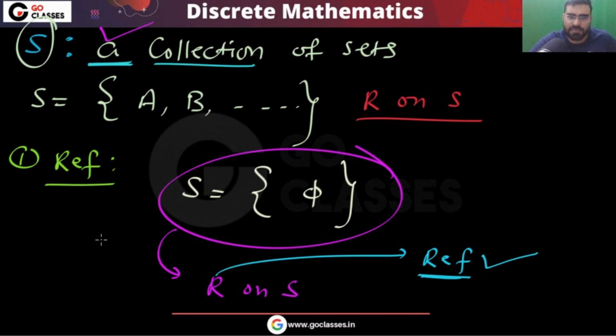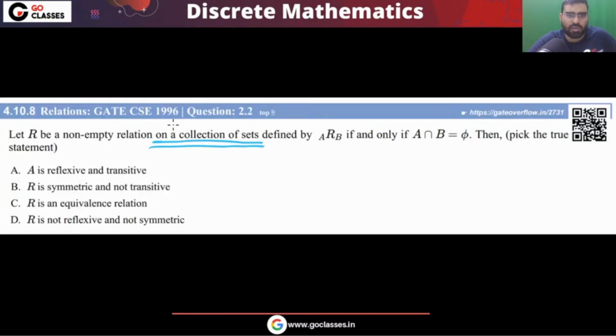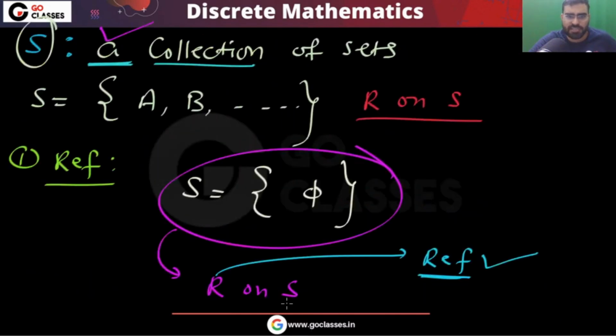Is this clear? Are you getting my point? Please read the question. You are defining this relation on a collection of sets, on a collection of set S. So if your set S is this, then in this situation it will be reflexive.